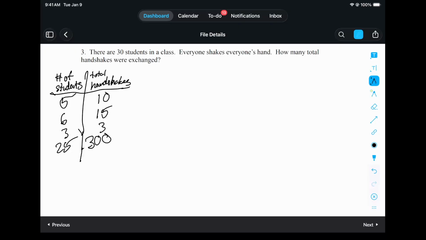Okay, so, well, there's an easy way to work this out. We're going to let S equal students and H equal handshakes.